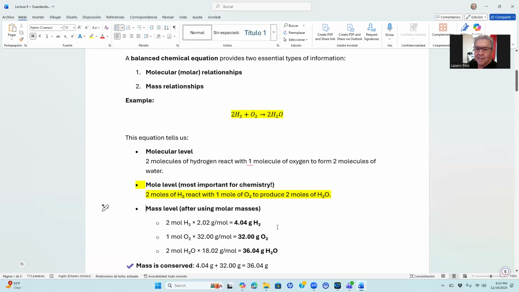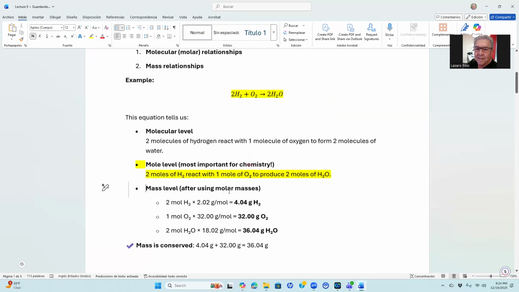Let's see the mass level, after using the molar masses. Well, if you know that 1 mole of dihydrogen is 2 grams and you have 2 moles, the mass of hydrogen is 4.